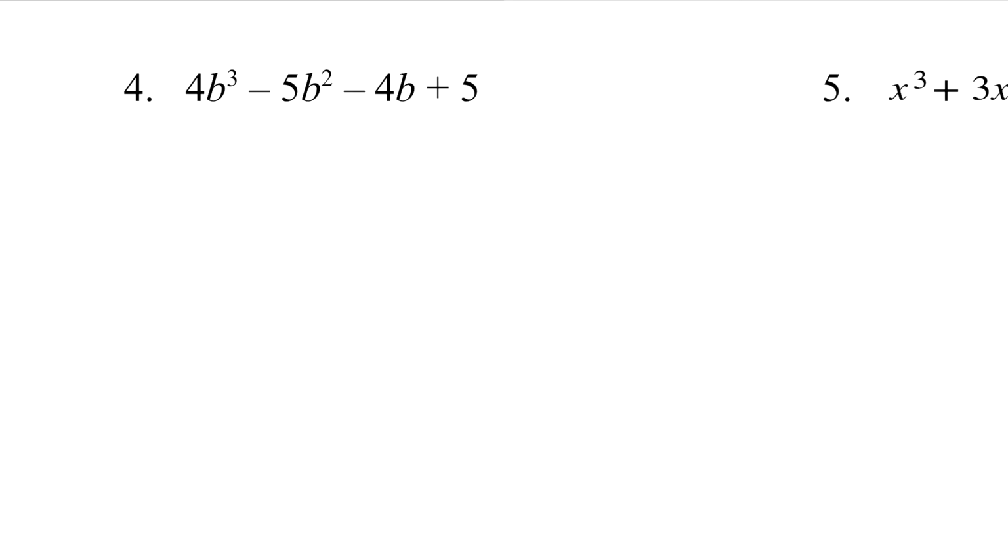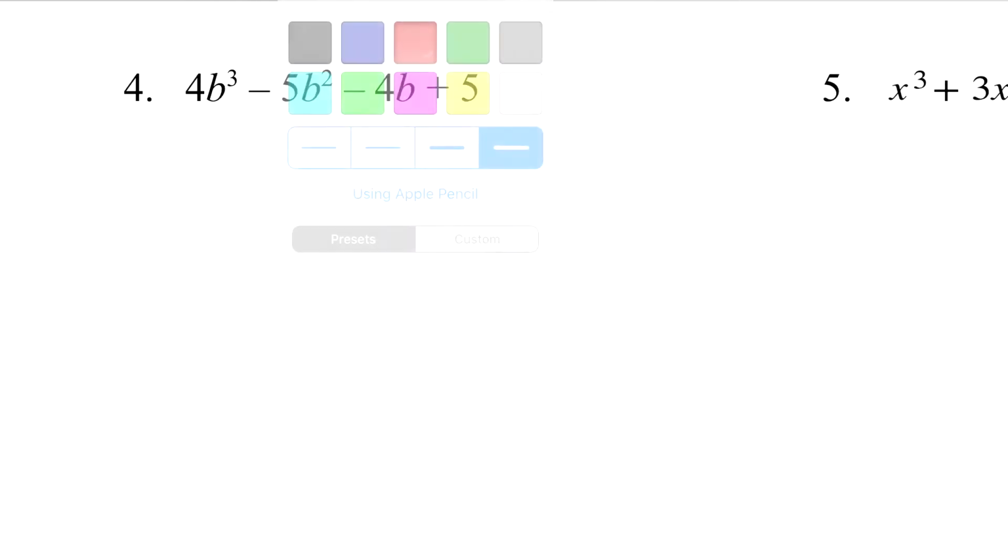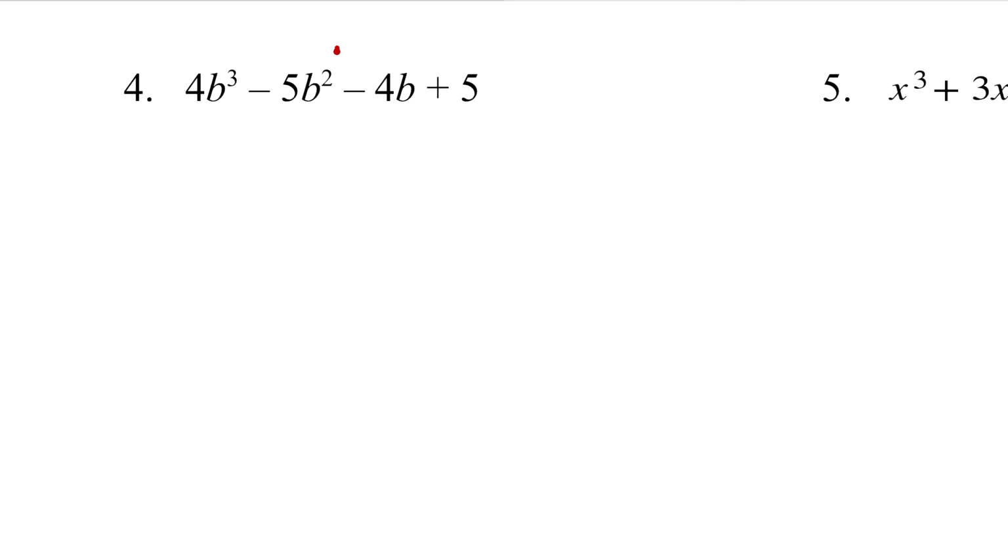Whenever you see 4 terms, 1, 2, 3, 4, then you factor by grouping. So to factor by grouping, the first thing we do is we draw a vertical line that splits the first 2 terms and the last 2 terms. In the first 2 terms, what do they have in common?